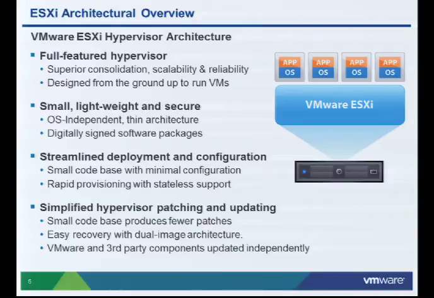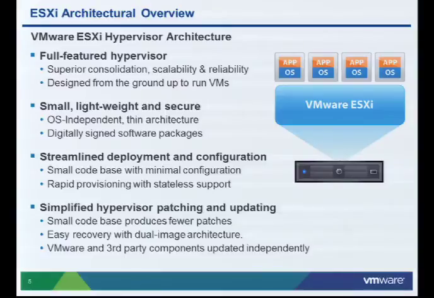ESXi needs a drastically lower amount of patching as compared to the console OS we used to have in past years. The statistic that is often given out is that more than 90% of VMware's patching and maintenance overhead was for the console OS. And the console OS was a window into managing the hypervisor where you would plug in your agents and do some management tasks.